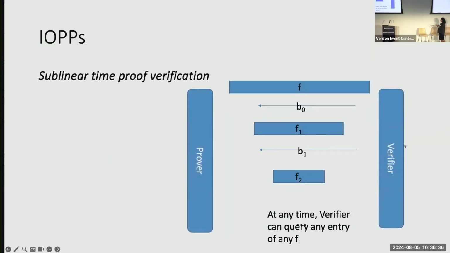And we don't want to make linear number of queries into f to determine this. And so we are going to be in the IOPP setting, where there is a prover who's interacting with a verifier, and the prover can write down proofs, so long strings which the verifier will probe in few locations to determine if f is a low degree polynomial or close to a low degree polynomial or not.